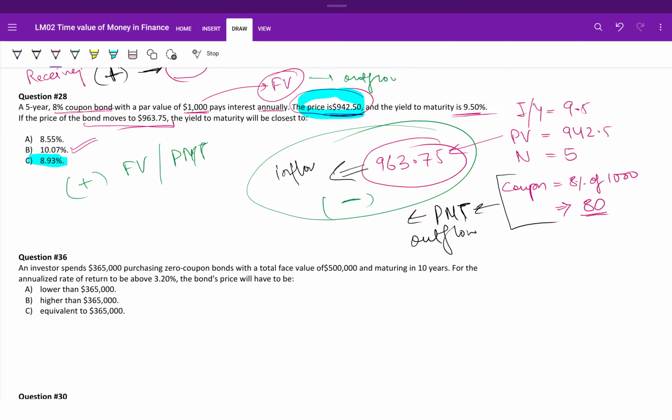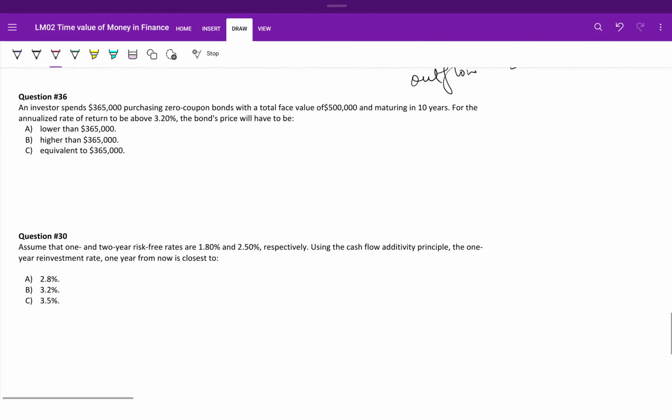Okay, so now question number 36. Question number 36 is again from fixed income securities. An investor spends $365,000 purchasing zero coupon bonds. So no payments here, no PMT.